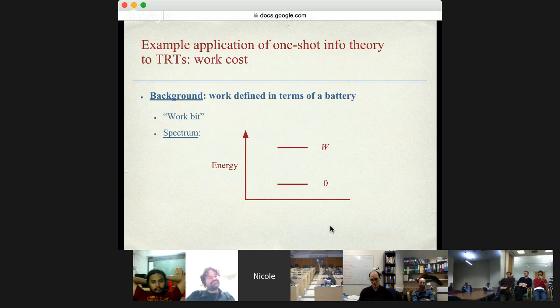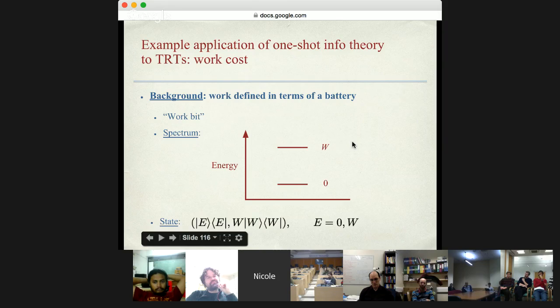It's a two-level system that has an energy 0 and an energy W. We assume, for simplicity, that this battery always occupies some energy eigenstate, where E can be the ground state energy or the excited state energy. And this is a Hamiltonian. I'm going to say this is my battery. If I'm going to create a state, then I start off with a battery filled, and I end up with a battery empty.